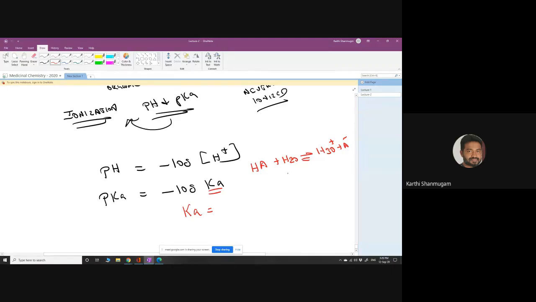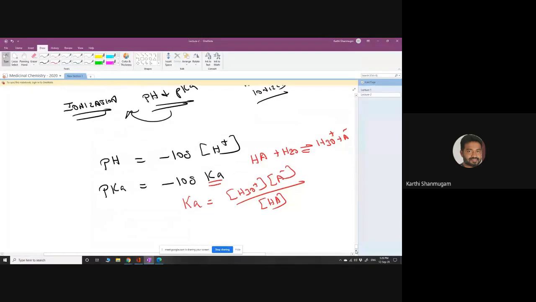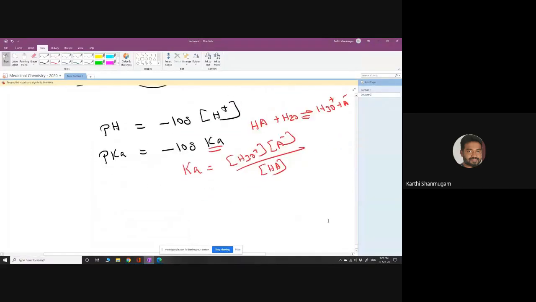How to calculate Ka for this reaction? Sir, concentration of H3O plus into concentration of A minus divided by concentration of HA. Right? So please make note of this. This already we have discussed, but it is very important for today's discussion also.